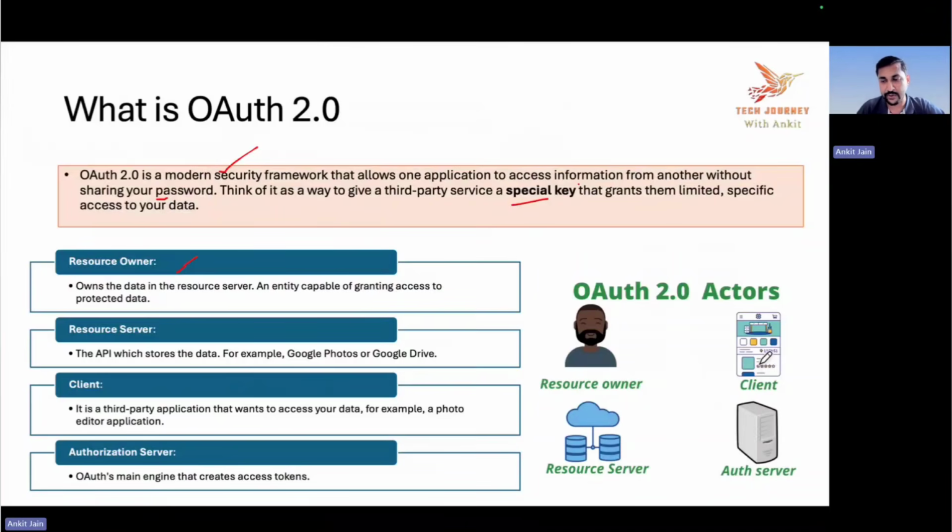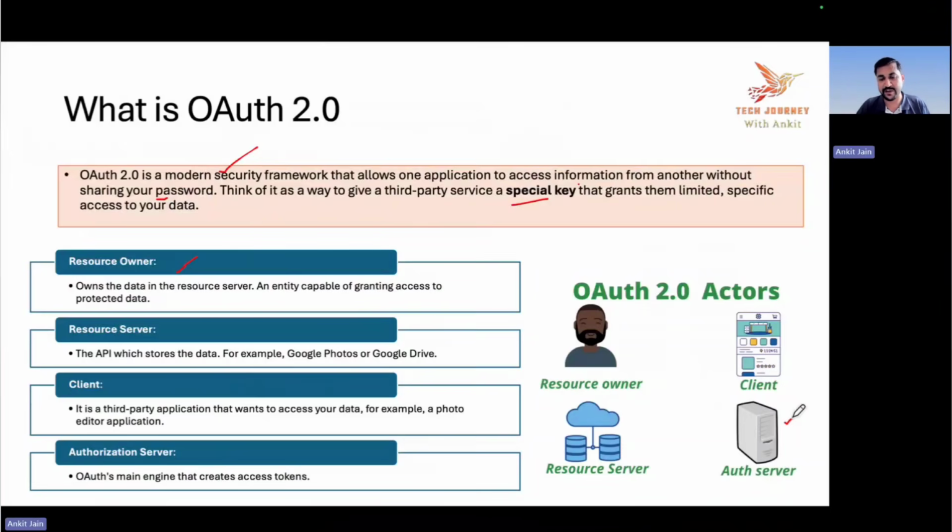That client can be a browser, a mobile application, or anything that wants to access your data. Like in our example, it was a photo editor application. Authorization server is the main engine of OAuth 2.0, which is responsible for creating the access token. So these are the four key actors with respect to OAuth 2.0.